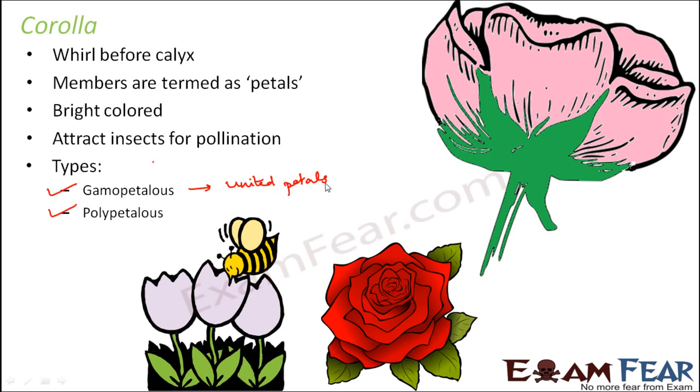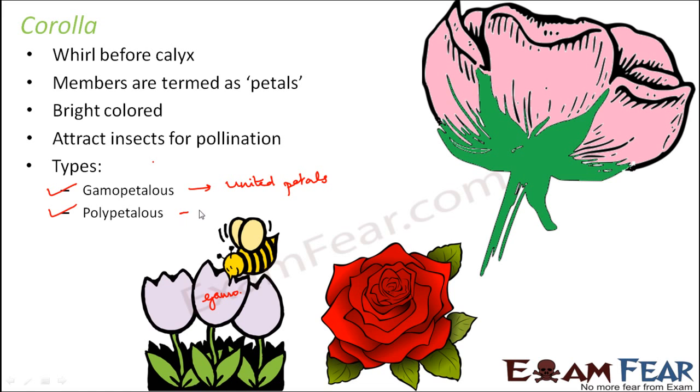An example would be tulip. So here you can see tulip. These are gamopetalous, because if you see, these are the petals, right? Each is a petal, but all the petals are united together. So you can't differentiate each petal separately. The entire flower is joined, all the petals are joined together.